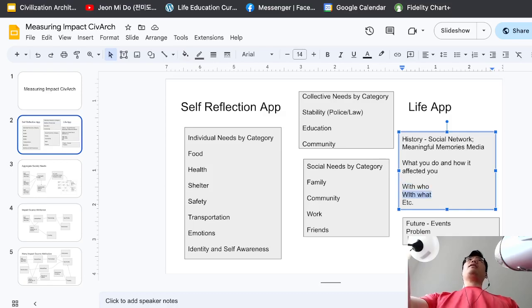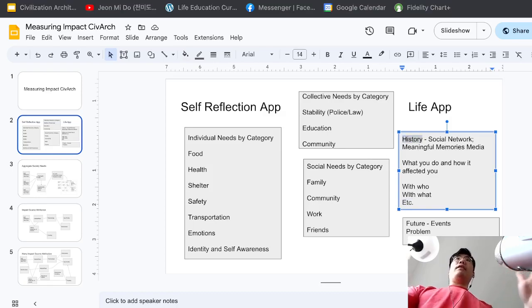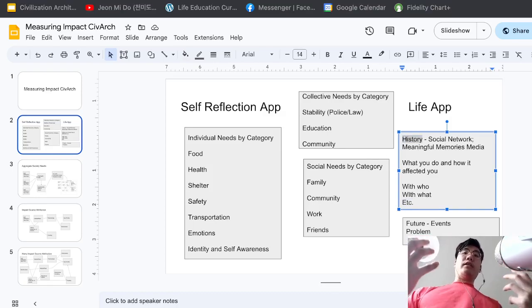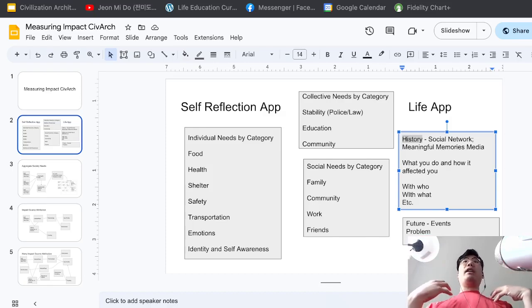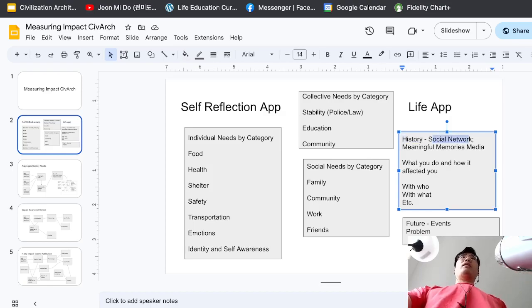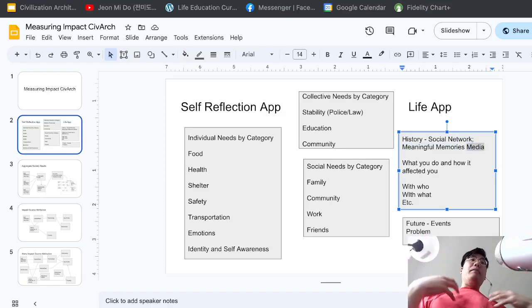What did we eat? What did we talk about? And how did I feel afterwards? How are they doing? And so on, so that I can develop a log of the history of my interactions and the history of my actions that make up my life, so that I can have meaningful memories of what I do, and then we can create a social media or social network around the meaningful memories that I log, so that I can see what I was doing in the past.